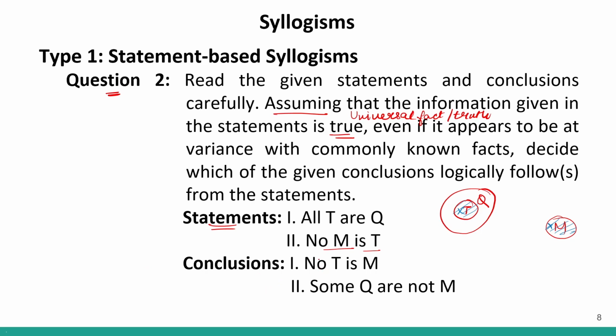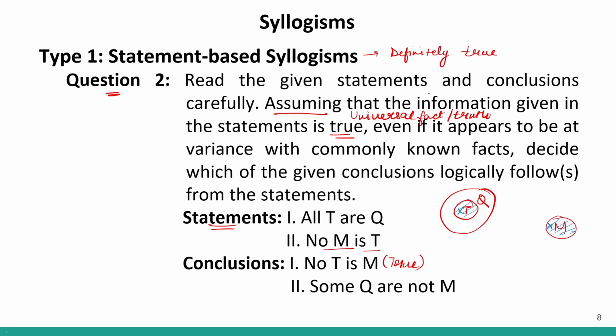Conclusion 1 says no T is M. So this we definitely know, because they are not overlapping. So this conclusion follows. This is a true statement. Now, one more thing: whenever we solve questions on statement based syllogisms, we look at definitely true conclusions.